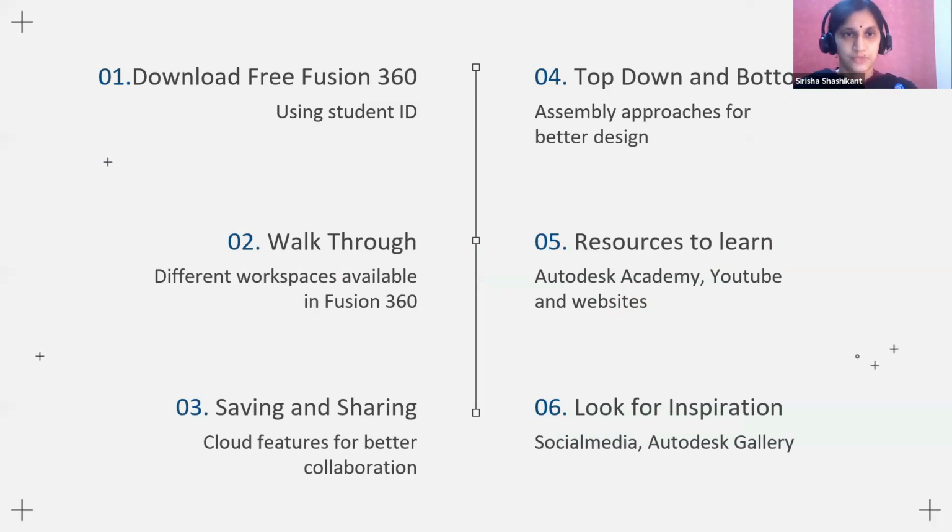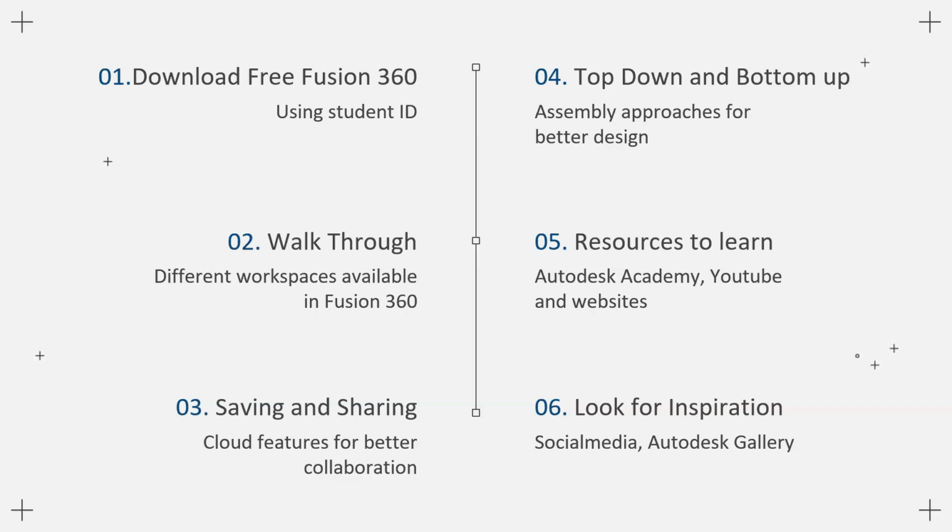So this is the objective of my presentation. First of all, we are going to see how we can download the free Fusion 360 version using your student ID. And then I'll walk you through different workspaces available in Fusion 360. Then we will also see how cloud saving helps us save our files so that they do not occupy our drive space.